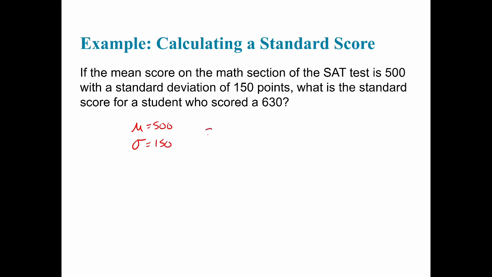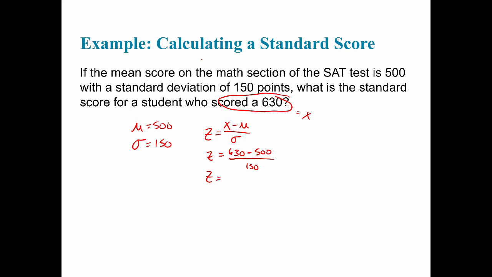So to calculate this z-score, z is just equal to our data value minus the mean divided by standard deviation. The data value we're given, the student scored a 630, so 630 is x. So 630 minus 500 divided by 150 is going to be our z-score calculation.